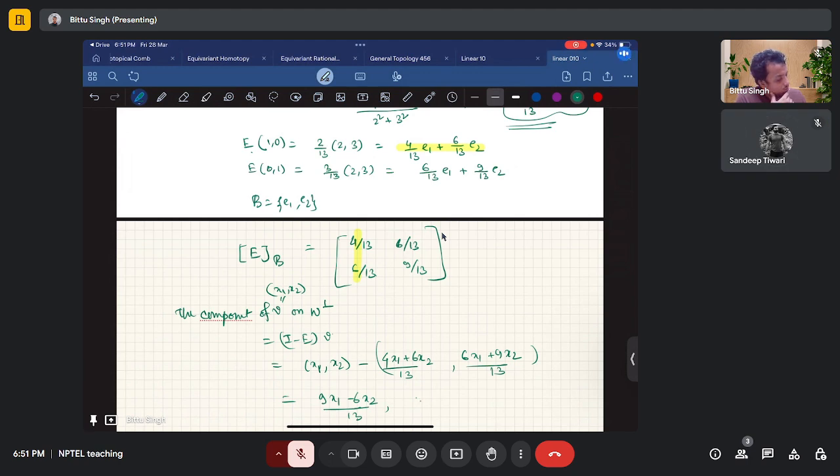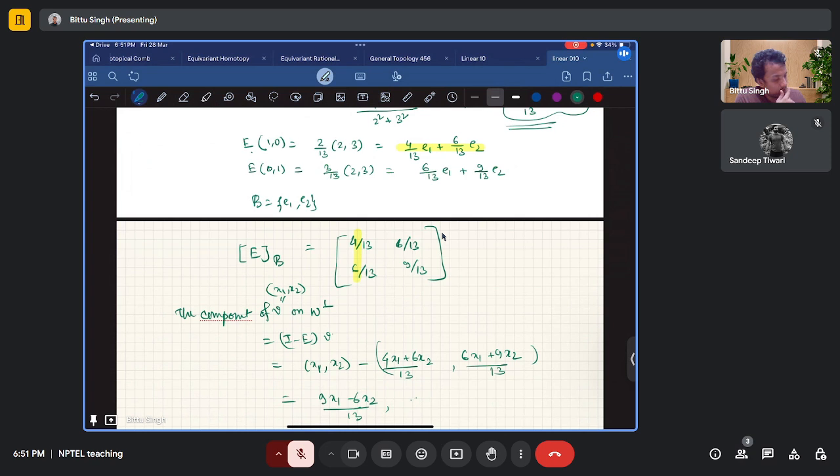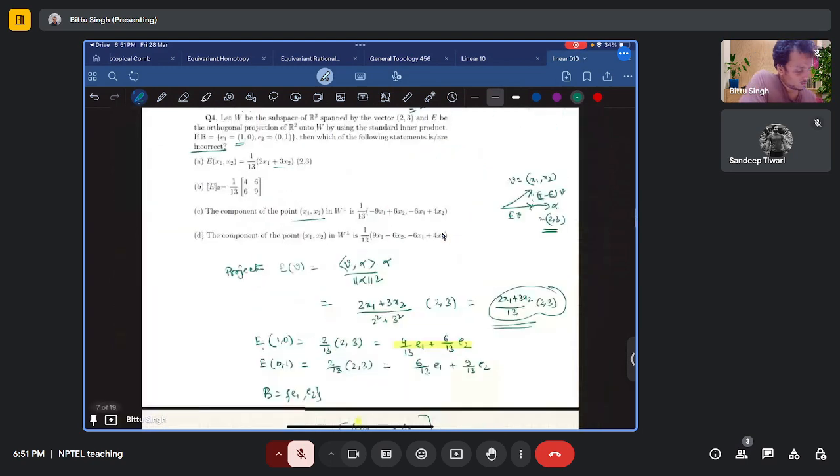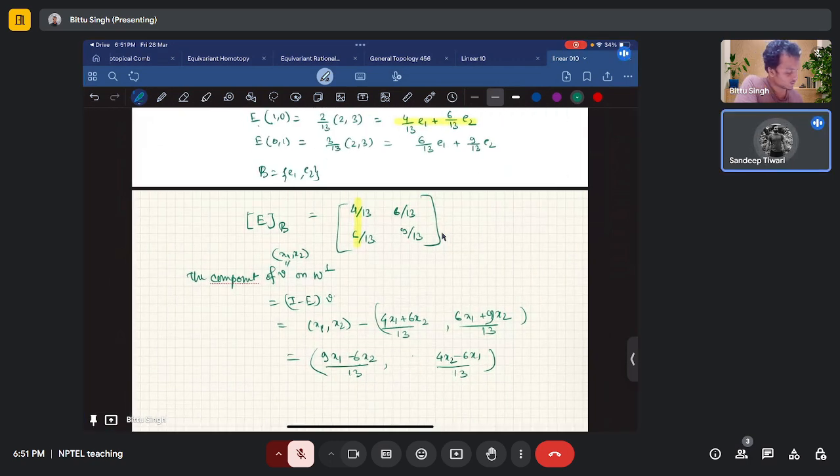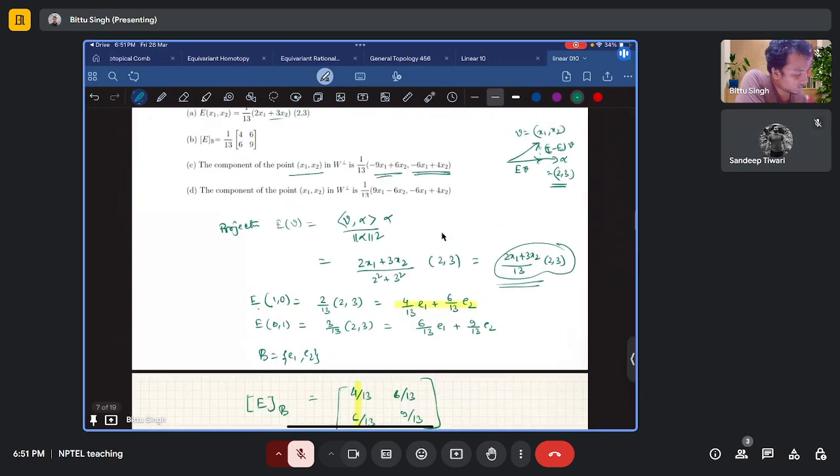So 4x2 minus 6x1 by 13 is matching. But minus 9x1 is actually positive, so there is a sign issue here.